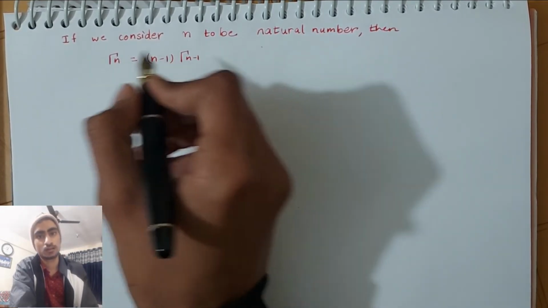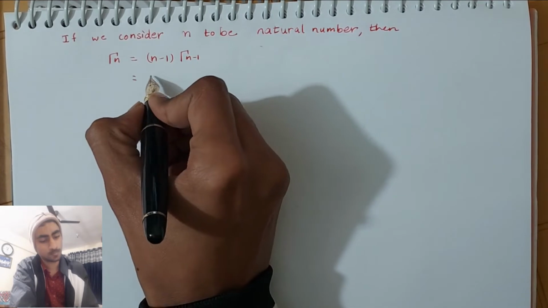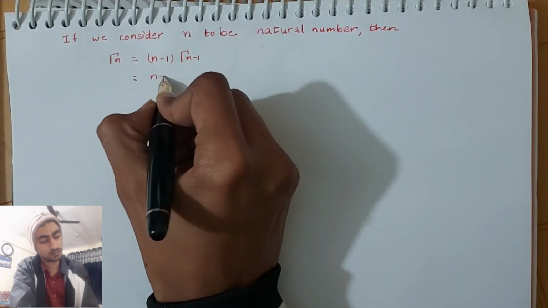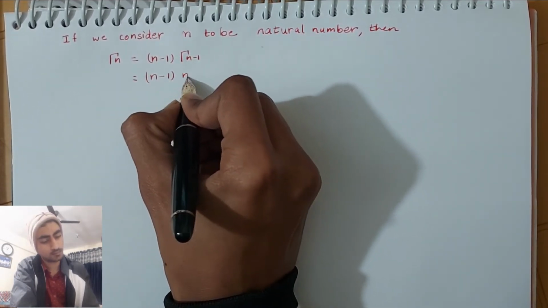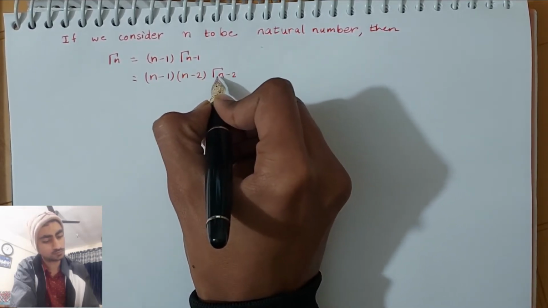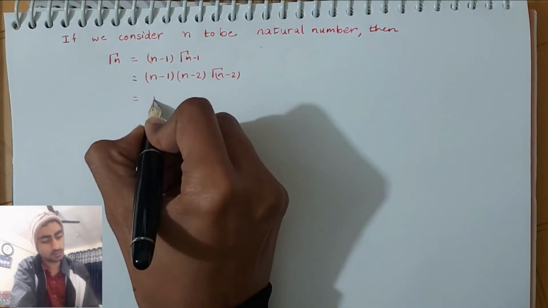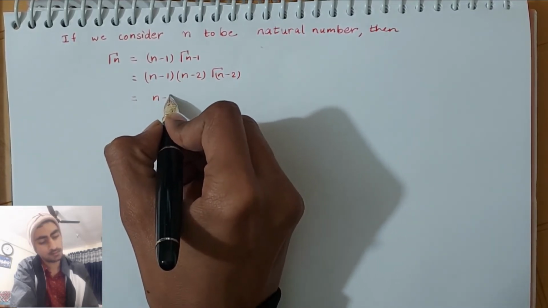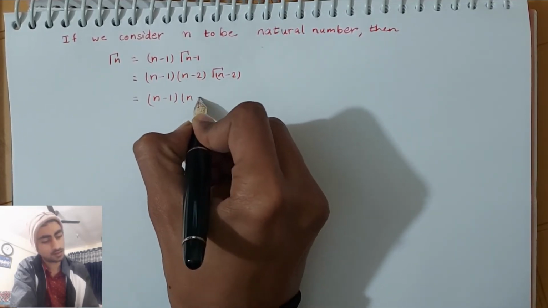We can further write the same thing for this gamma: gamma of n minus 1 is equal to n minus 2 times gamma of n minus 2, so gamma of n equals n minus 1 times n minus 2 and so on.